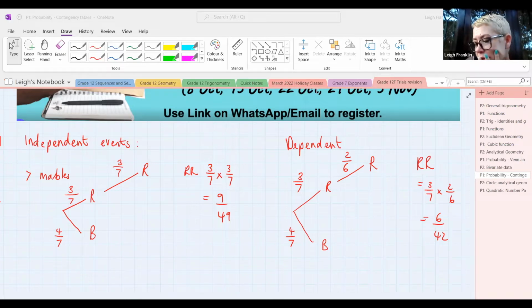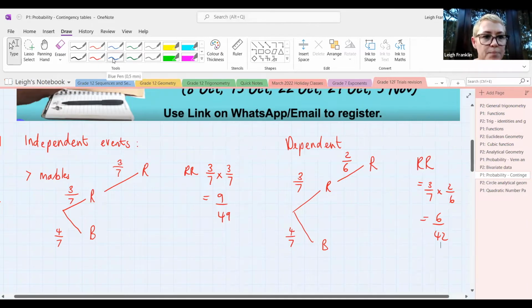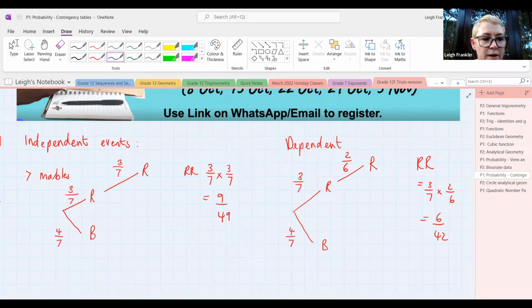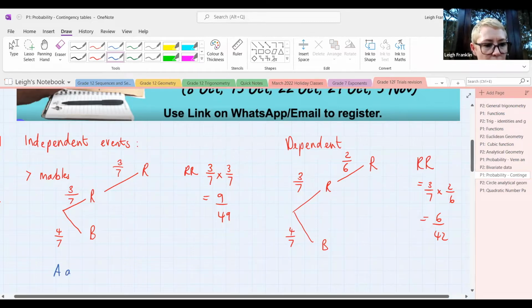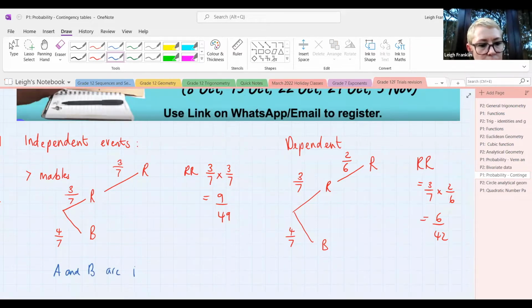Okay, so the other thing that we need to know for events that are independent, there is a rule. So we need to know what that rule is. Does anybody know what the rule is off the top of their heads? The rule for independent events. So if you have events A and B, and they are independent events, then there is a rule, it's called the product rule, that we can use.